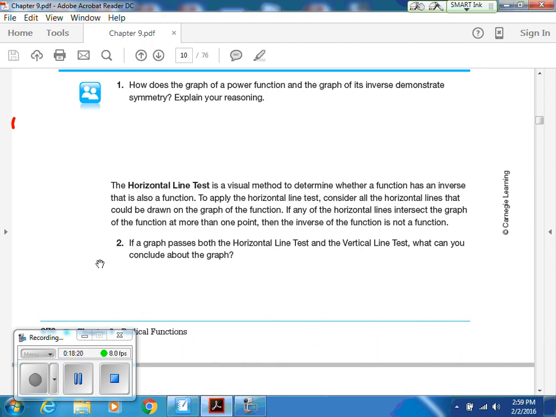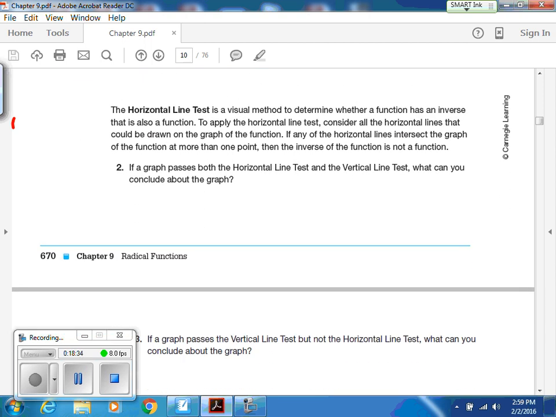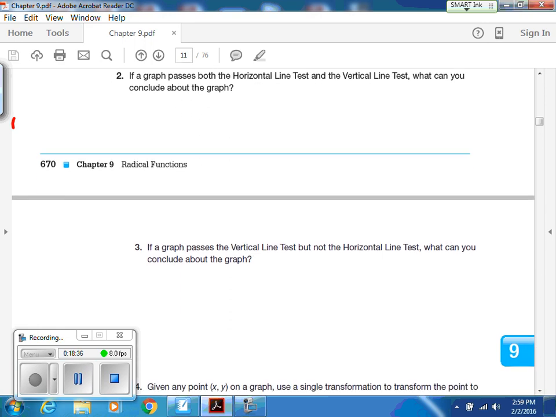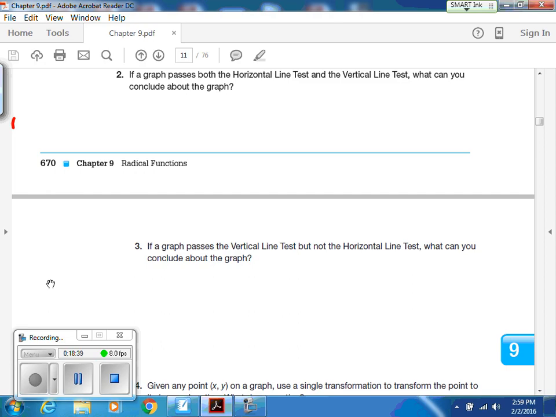All right, now I'm going to ask you to use your brain for a second. If a graph passes the horizontal line test and the vertical line test, what can you say about the graph? If it passes the horizontal line test and the vertical line test, it's a function and its inverse is a function. Okay?